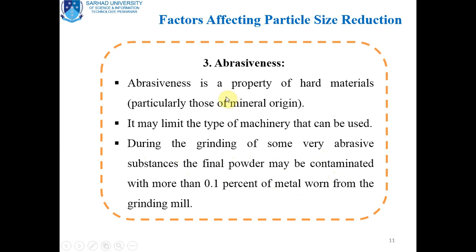Because of the abrasive nature of the material, the property of hard material of mineral origin particularly, the striking of this hard and abrasive material against the grinding mill, in which it is ground and the particle size is reduced, causes the metal of the mill's composition to be worn from the grinding mill.